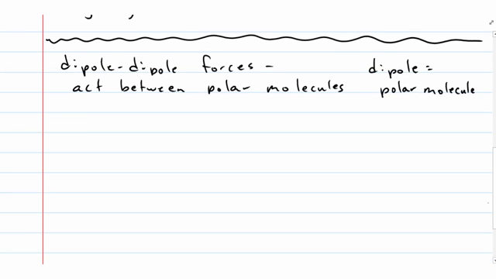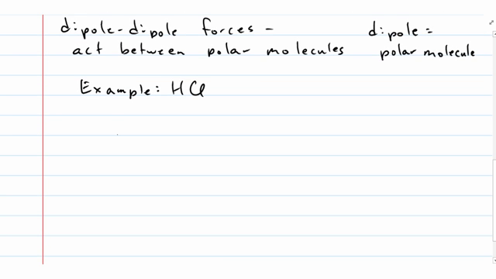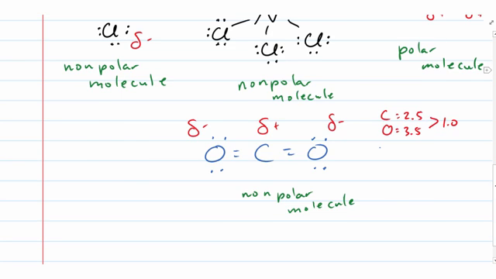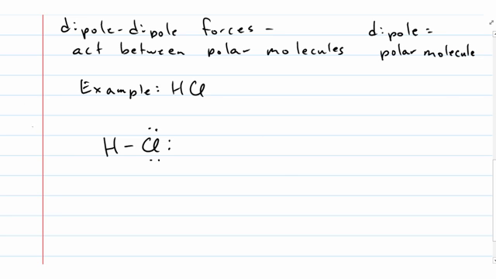Now if we were to give an example, we could look at something like HCl. We've already drawn out the structure for HCl. We have a structure that looks something like this, H-Cl. We show the extra dots around the chlorine. If we go back to our previous example, we saw that hydrogen had an electronegativity of 2.1, and the chlorine had an electronegativity of 3.0.